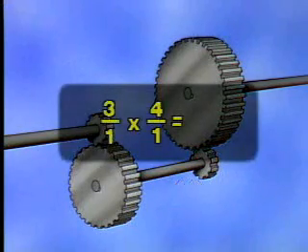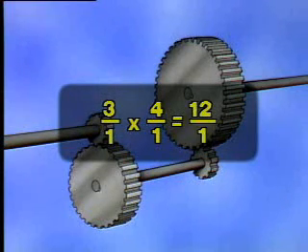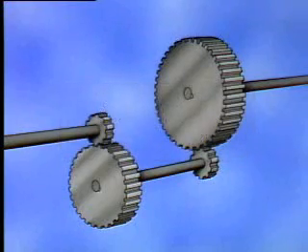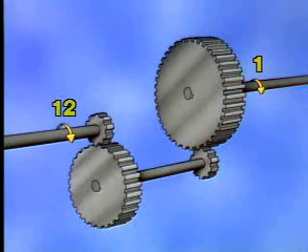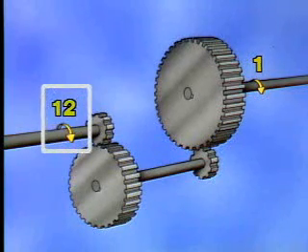So 3 to 1 times 4 to 1 results in a ratio of 12 to 1. This means that for every 12 revolutions of the input shaft, the output shaft will complete 1 revolution. Or in other words, the motor shaft is turning 12 times faster than the pump shaft.